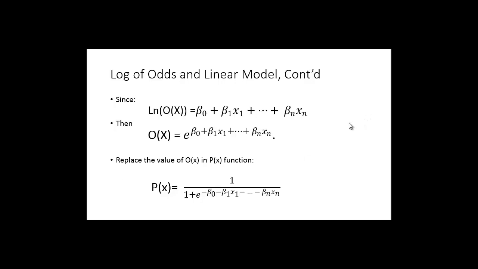So odds of x will be e, or the base of the natural log, raised to the power of the summation of the constant and all those predictors with their coefficients at their optimal value. So if we replace the odds of x with probability of x, we have another transformation of the function as probability of x will be 1 over 1 plus e raised to the power of the linear model.